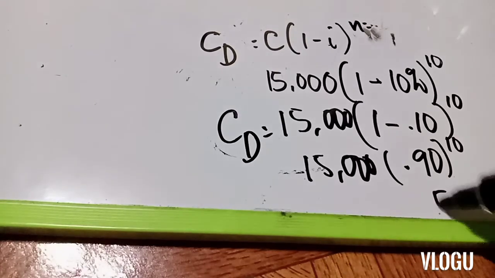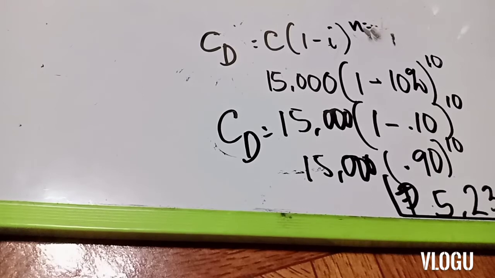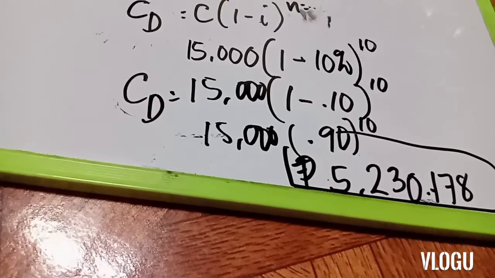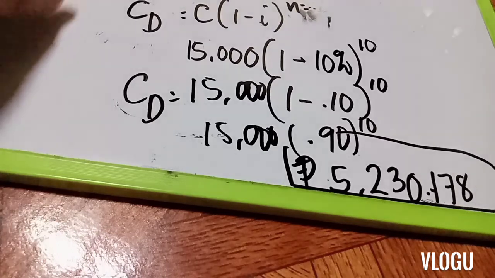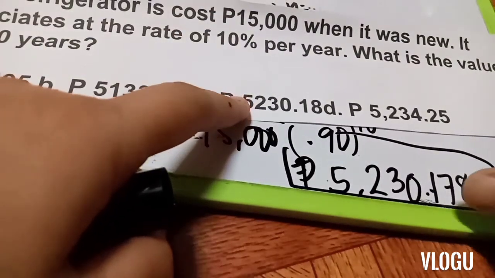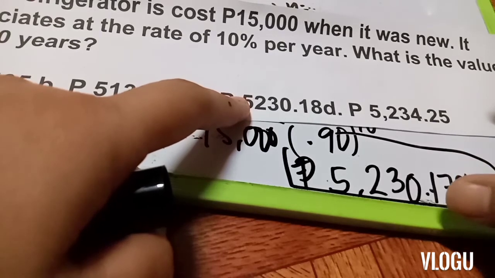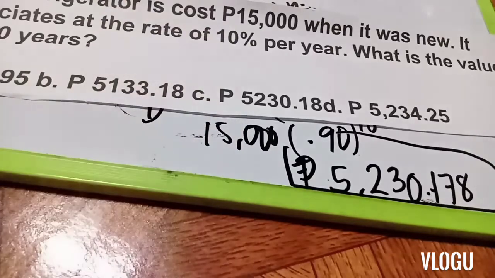The answer is 5,230.78. This is the depreciated value of the refrigerator after 10 years. So the answer is 5,230, letter C, the nearest, because we round up 0.78.